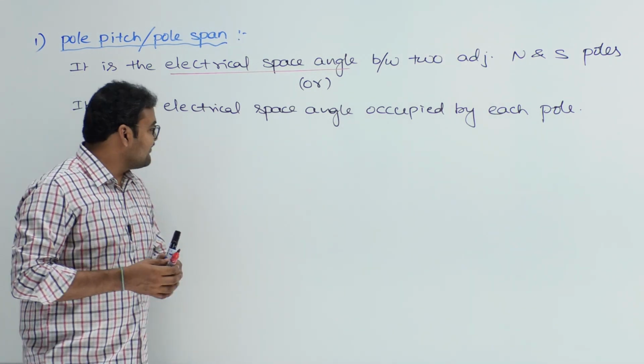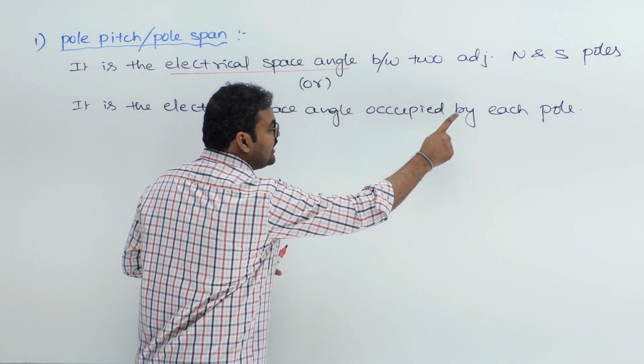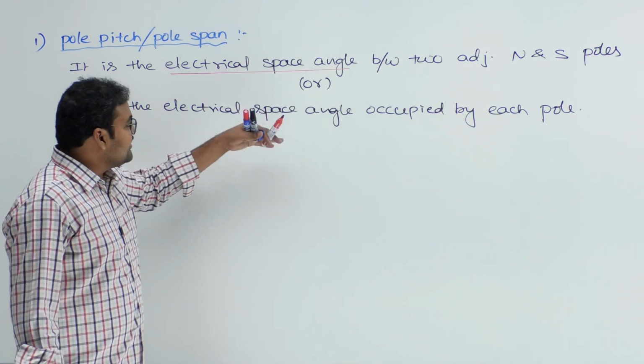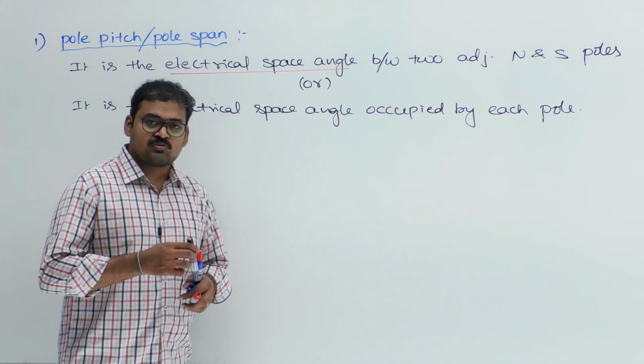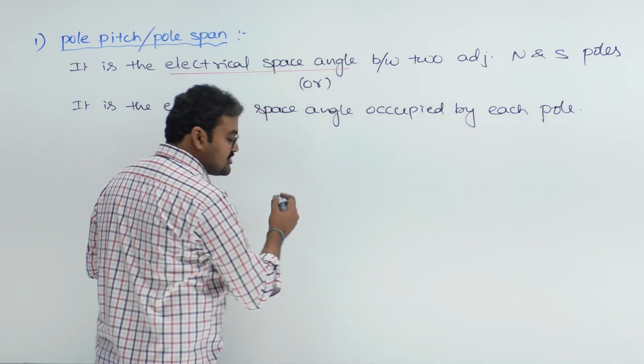And there is one more definition: it is the electrical space angle occupied by one complete pole, or each pole. Either will give you the same answer. So let us exactly understand what this pole pitch or pole span is. I will draw a simple picture.